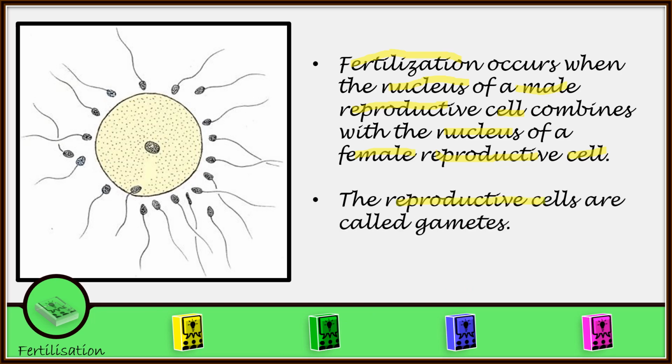The reproductive cells are called gametes. So these ones that we have, these are gametes. Those are the sperms, the male reproductive cells. We call them the gametes. And this one that we have here is the ovum, the female reproductive cell, or what we call a female gamete.